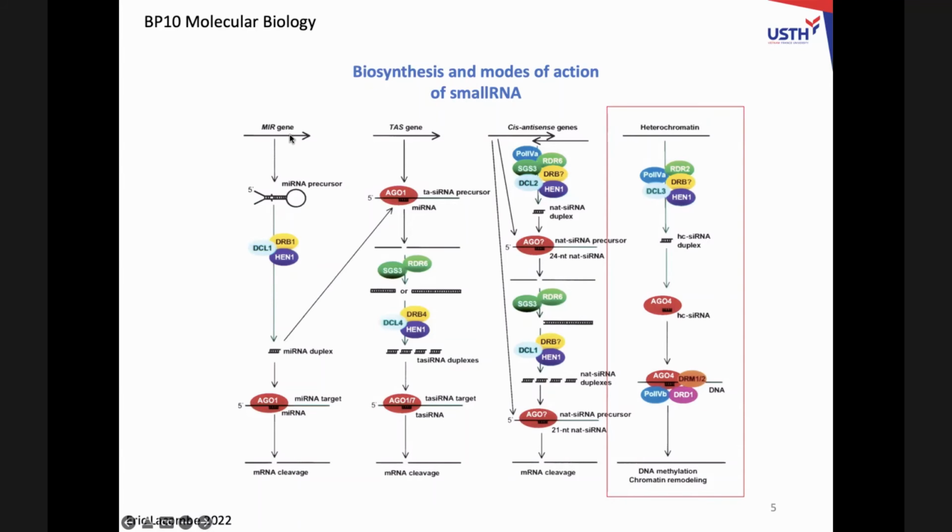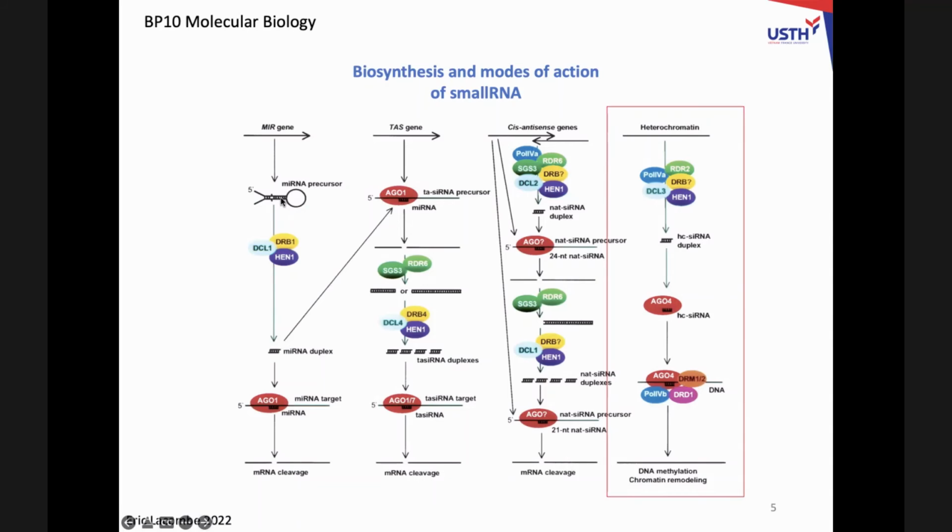When this gene is transcribed, it forms a proper RNA coming from the transcription by pol 2, so there is a poly A tail and so on. But this RNA has a reverse and complementary sequence in one part of its sequence, and it forms a kind of stem loop secondary structure. This type of RNA is never translated and will never give rise to any protein. This miRNA precursor is then loaded onto a complex and cut.